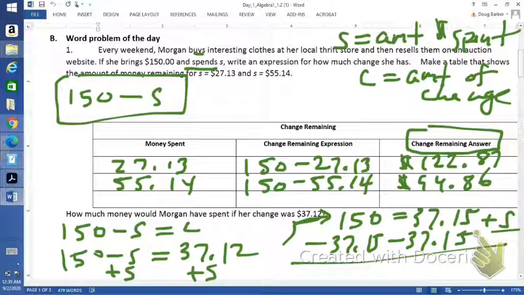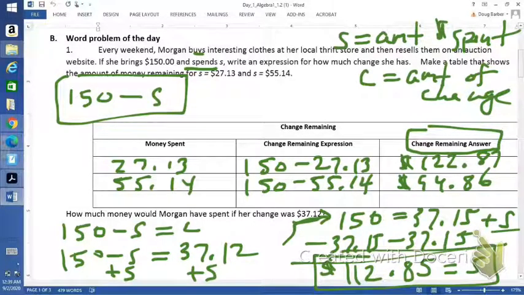And 150 minus 37.12, that gives me 112.85. So $112.85 is the amount of money that Morgan ended up spending.